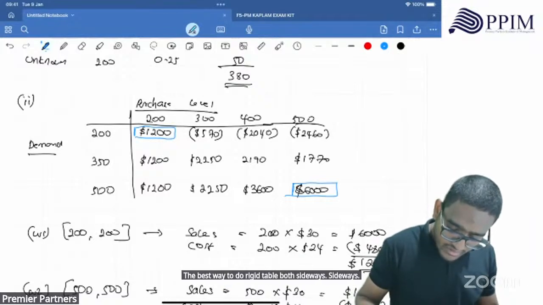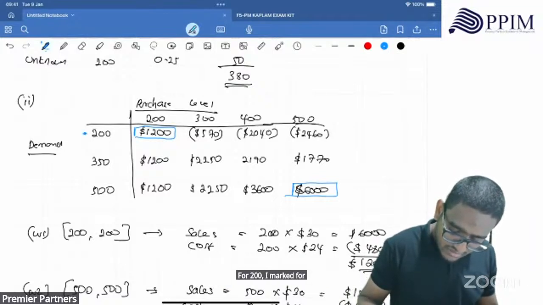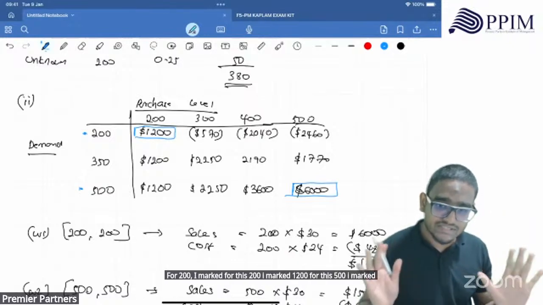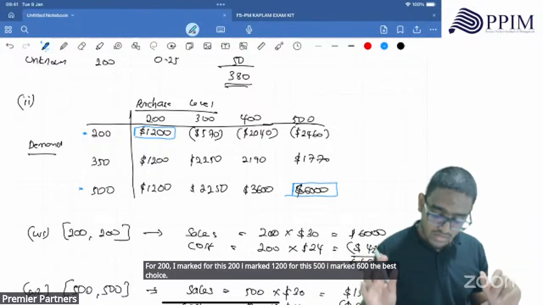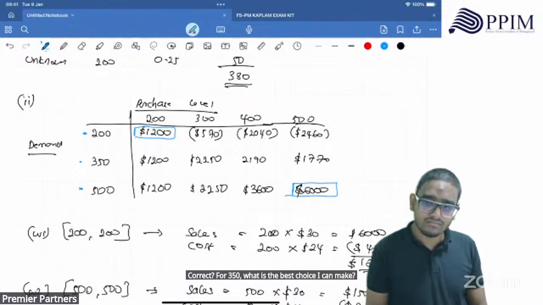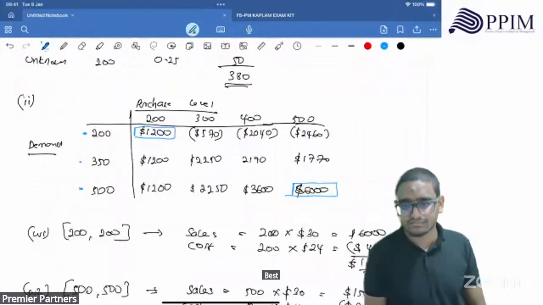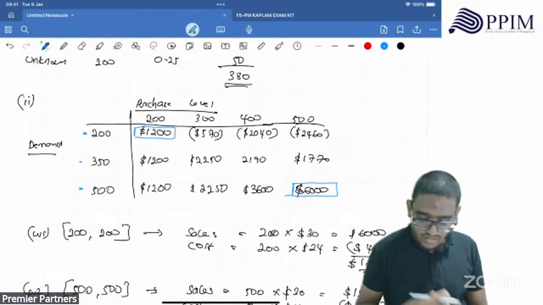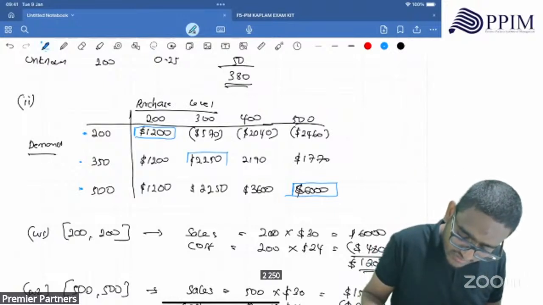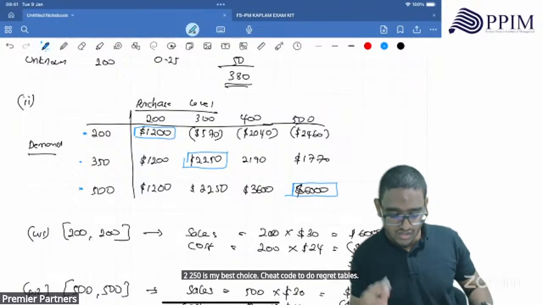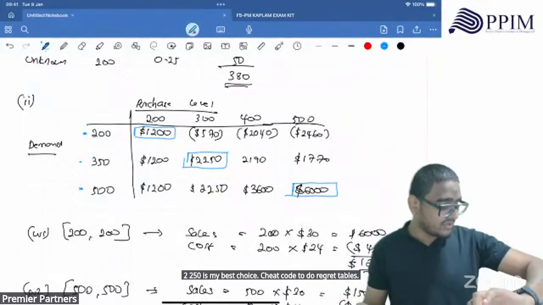For this 200, I marked 1200. For this 500, I marked 600. The best choice, correct? For 350, what is the best choice I can make? 250 is my best choice. This is a cheat code to do regret tables. 250 is the best choice.